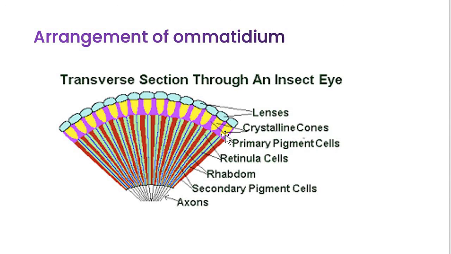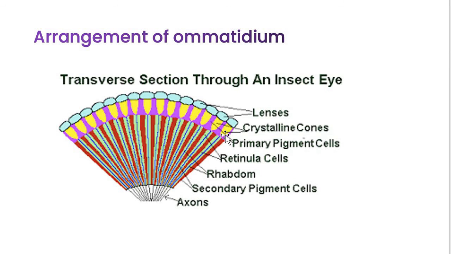Now structurally, the ommatidia consist of the cornea, a corneagen layer, the cone or Semper cells, the primary and secondary iris cells and the retinal cells. Now we can see all the layers one by one. The first layer is the cornea.